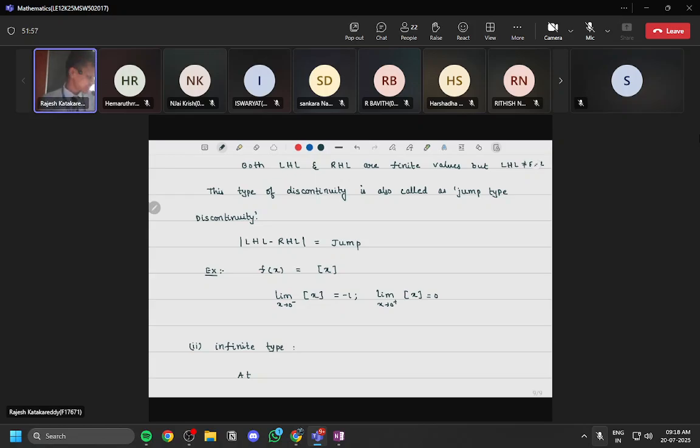We cannot reassign the limit; we can modify f of a, but the limit we cannot. At least one of LHL or RHL tends to infinity.